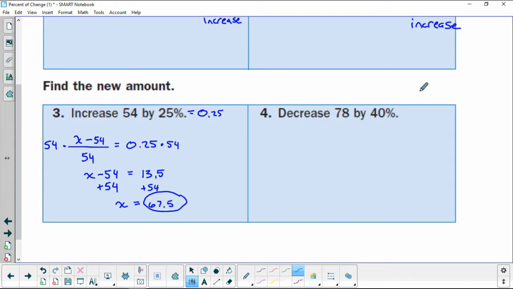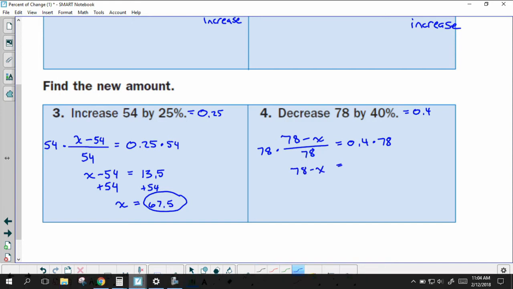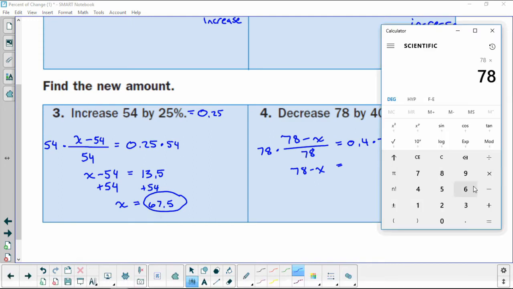If I'm going to decrease 78 by 40%, 40% is 0.4. I'm going to say, well, the new amount will be subtracted from 78. It's going to start at 78. And we're going to get 0.4. So I can multiply both sides by 78. I get 78 minus x equals, let's see, 78 times 0.4 is 31.2.